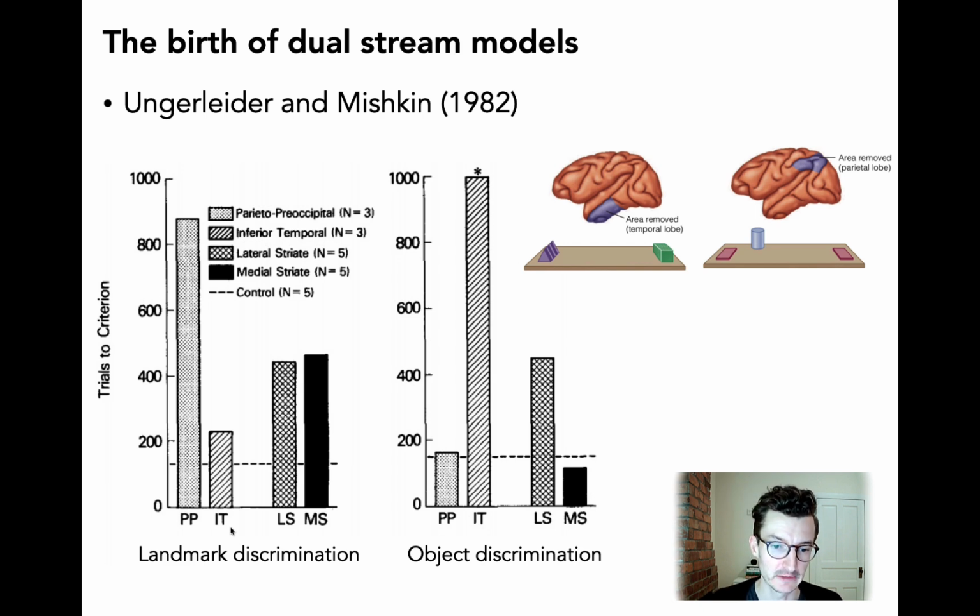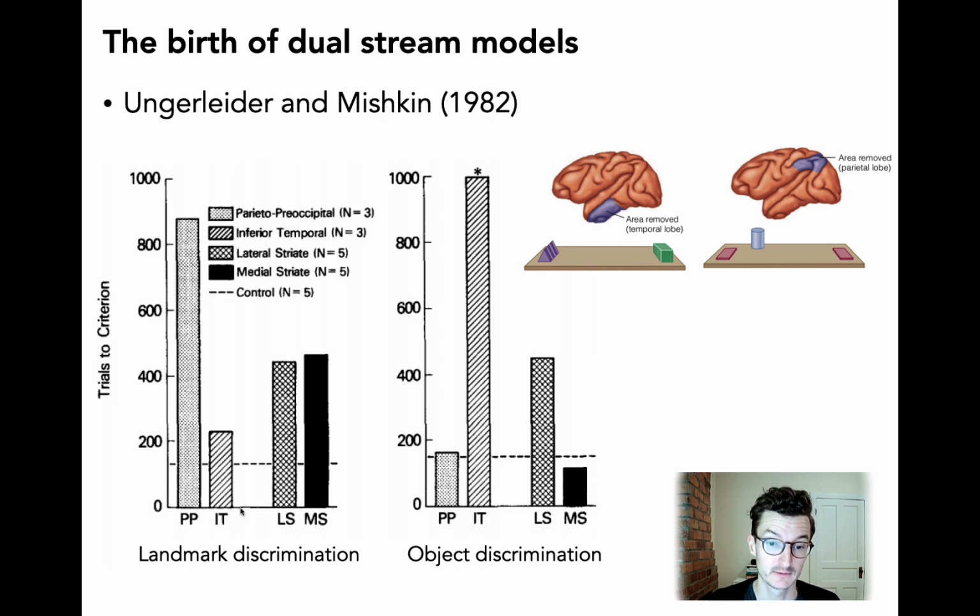So what can we see for the landmark discrimination task? Animals with parietal lobe lesions, very, very bad at this task. So it took them a long time to figure out that the food is hidden near the cylinder. Animals with the temporal lobe lesions, on the other hand, were pretty good at this task.